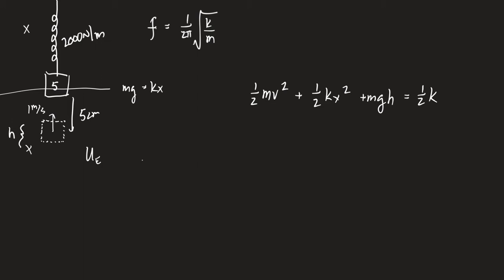So I need different numbers here. I think I need to draw something else. I'm sorry. But you asked for doing the bottom one. We need to figure out what this is. We need to figure out where the equilibrium position of the spring is. Can somebody do that real quick?